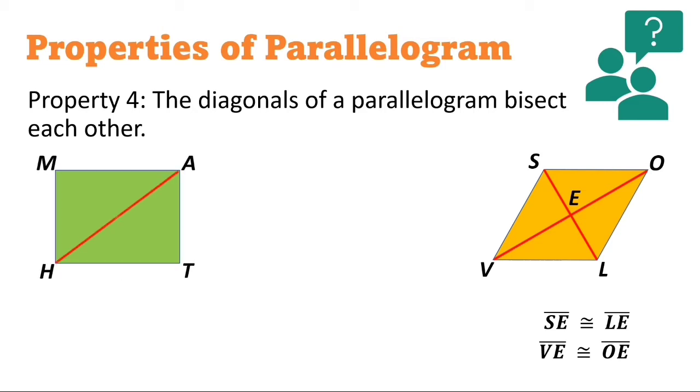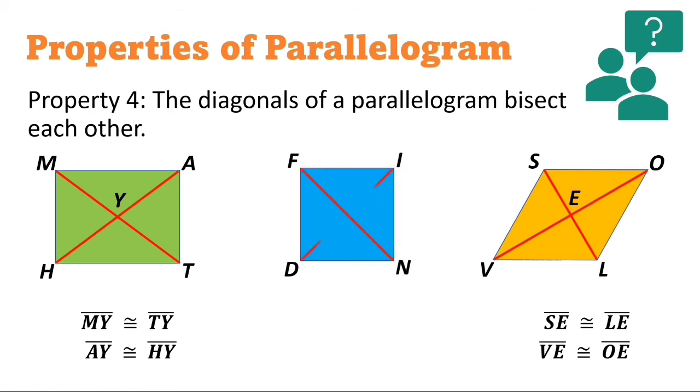The diagonal HA bisects the diagonal MT at point Y. What conclusions can you give? That's correct. Line segment MY is congruent to line segment TY, and line segment AY is congruent to line segment HY. Okay, let us try another example.